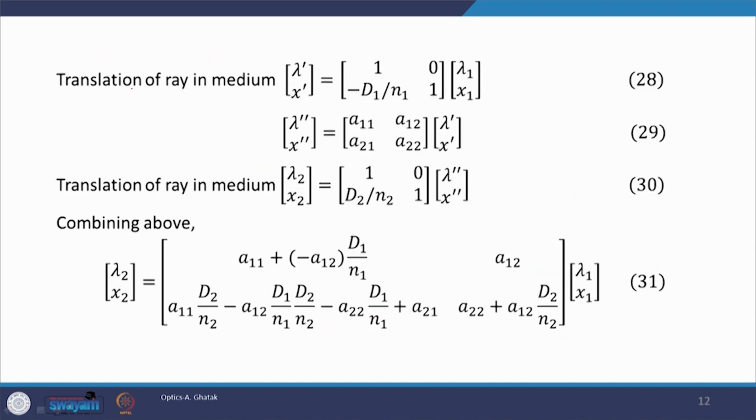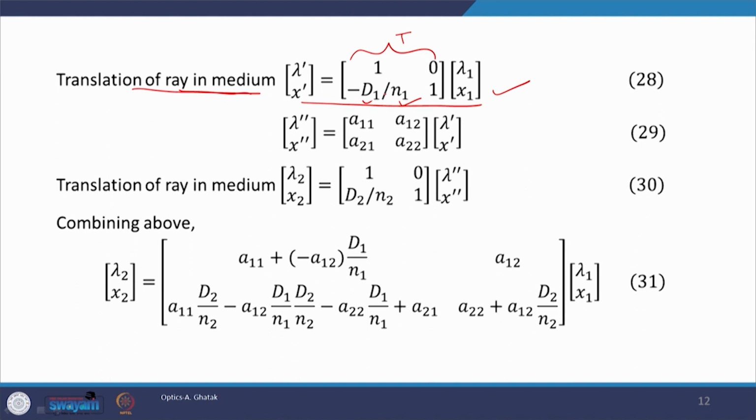For the first translation, which is happening in the first medium of refractive index n1, we can write this equation, which is again in matrix form, and this is your translation matrix, the first translation. The refractive index on the left side is n1 and the distance is d1, therefore d by n would be replaced by minus d1 by n1. The minus sign is there because the object is on the left-hand side of the refracting surface.